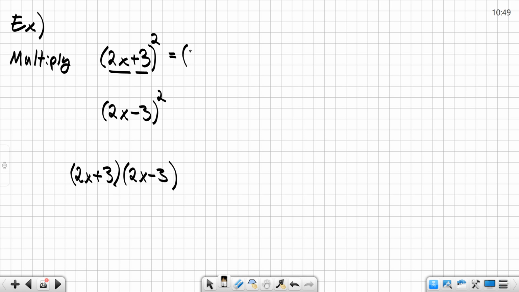So according to my formula, I have my first term squared, plus 2 times the product of the terms, and the first term was 2x, and the second term was a positive 3, plus the last one squared. This last one will always be positive.